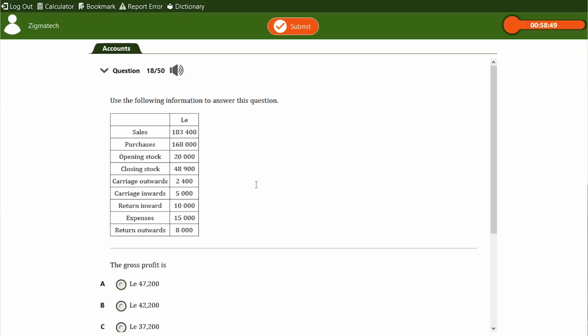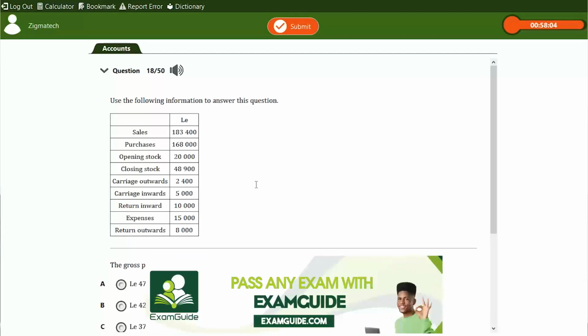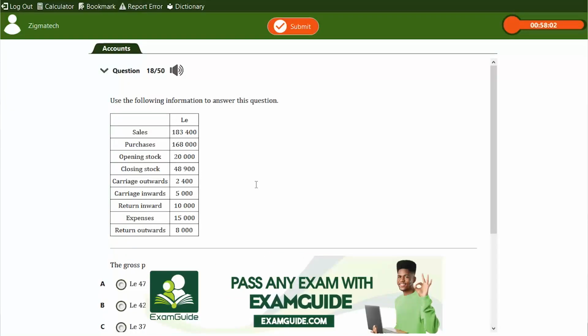The first question is the gross profit is, all right, let's use our board. At this point, I want to clean the board so we can have space where we'll be able to solve this. All right. So let's look at the question. We have an exercise here.